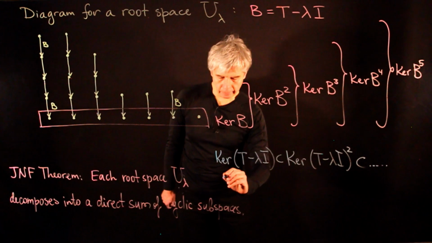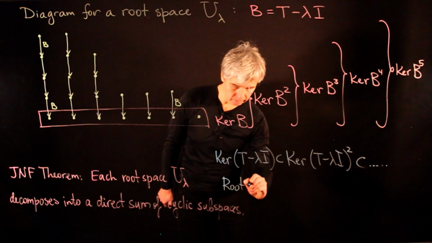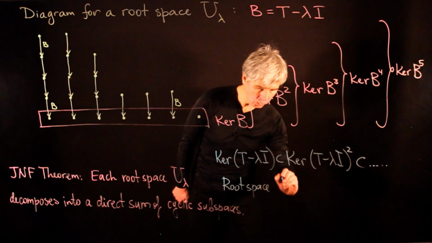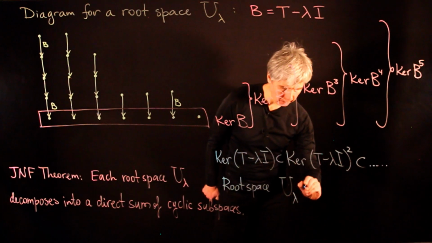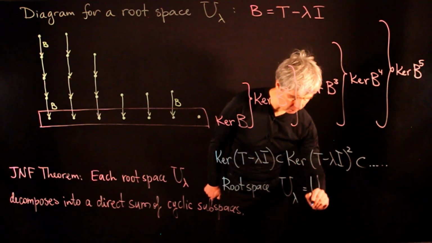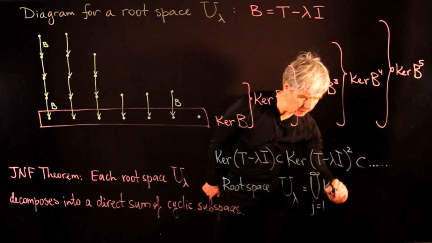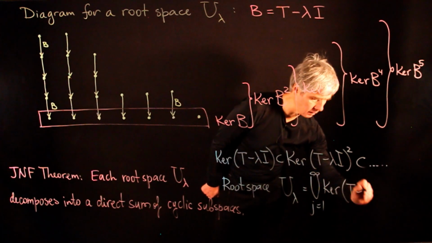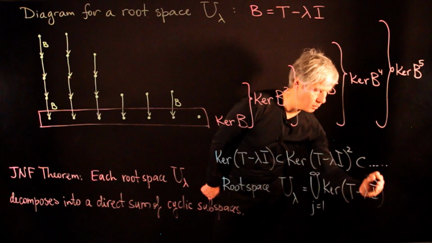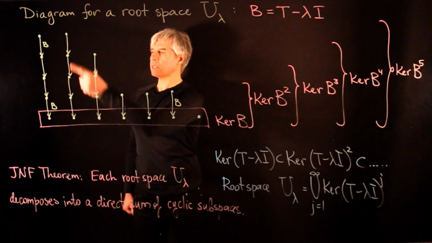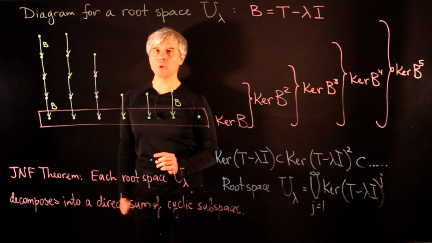And the whole root space u lambda is the union, where j goes from 1 to infinity, of kernels of t minus lambda I to the power of j. Each of these strands corresponds to a Jordan block.